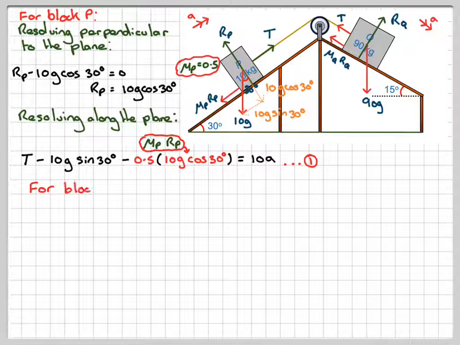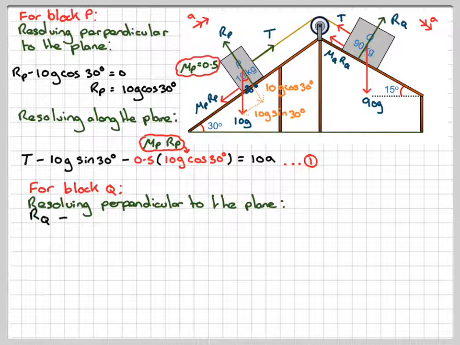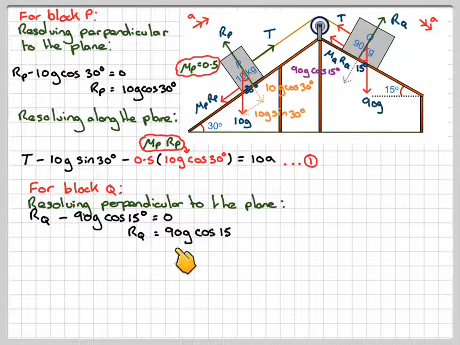So for the block Q, again resolving perpendicular, we're going to have R_Q minus this force here, which is going to be 90g cos 15, is equal to 0. And then R_Q will be 90g cos 15.